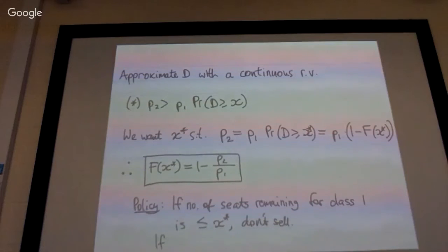And if it is greater than this x star, then sell. X star rounded down is the number of seats you want to reserve for those customers. And now there's an example.